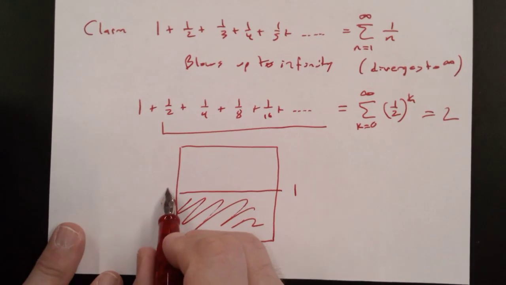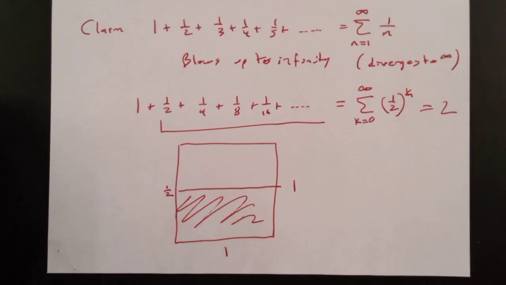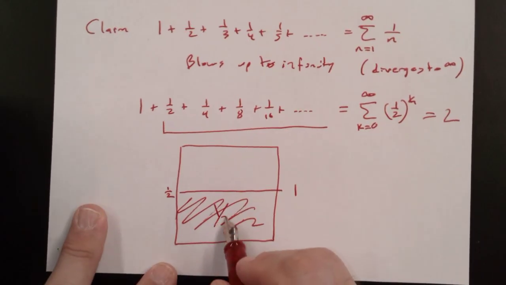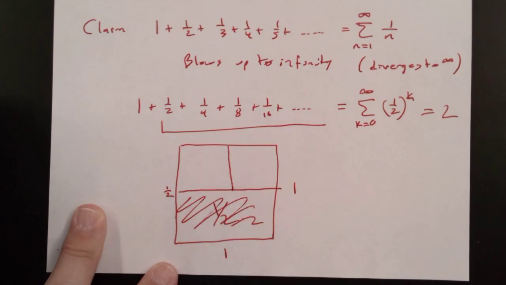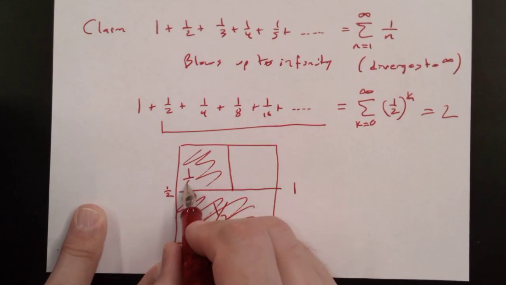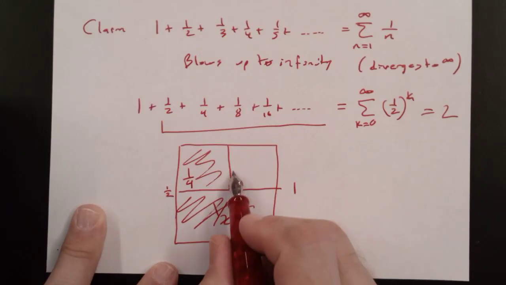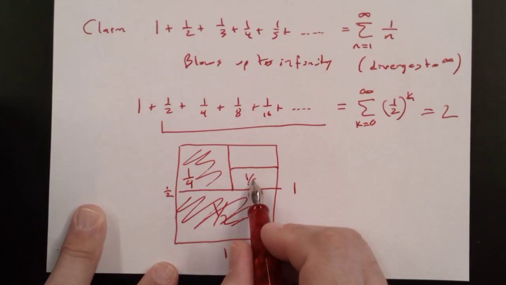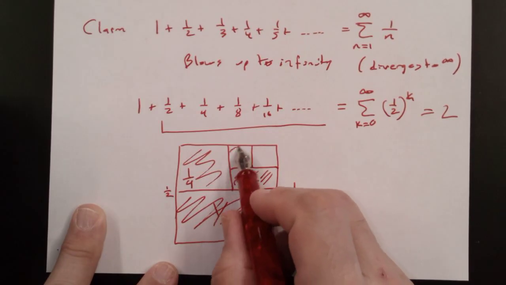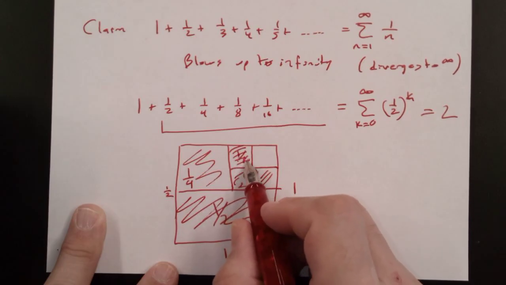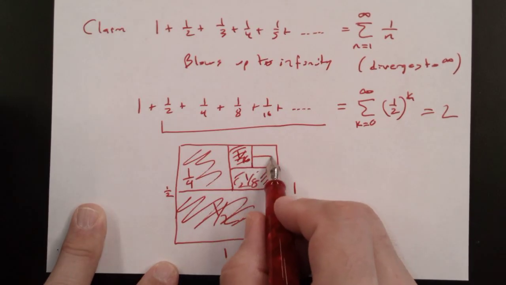If I cut it exactly in half, what is the area of the shaded side? It's a half. Right? Now I cut this piece in half. What's the area of that? Repeat. Repeat.